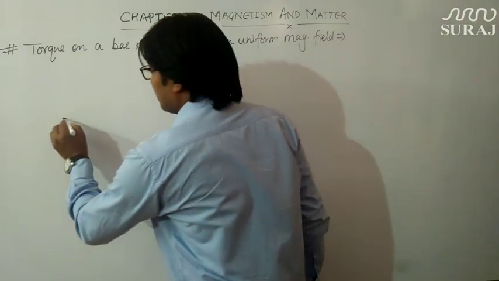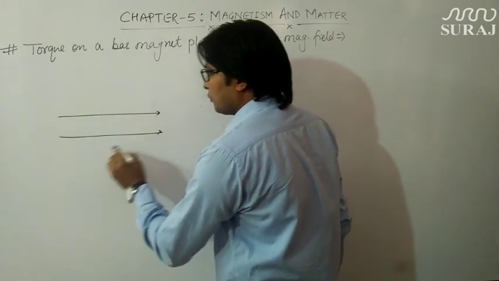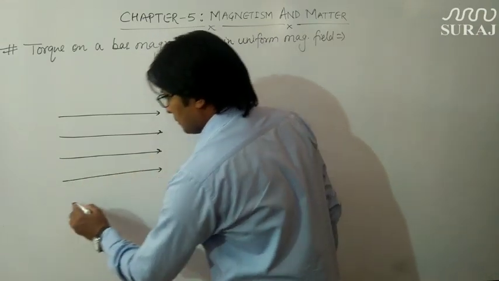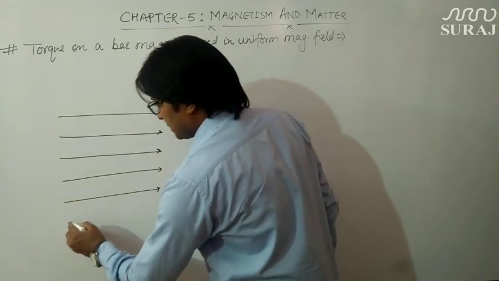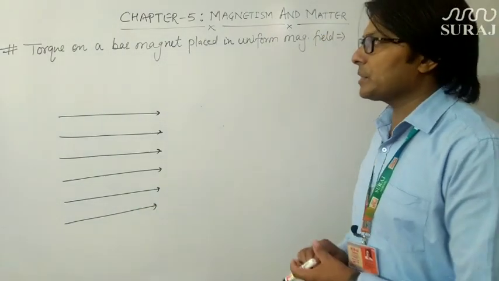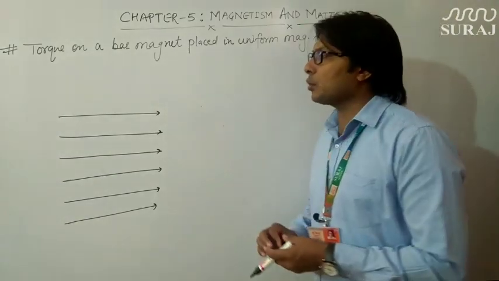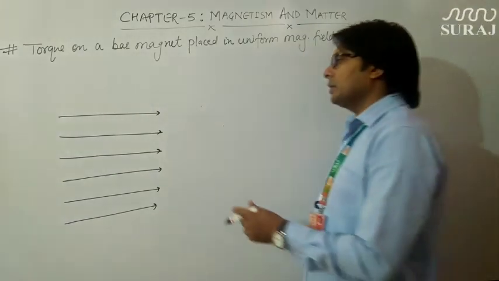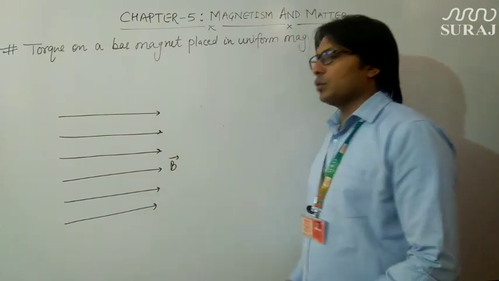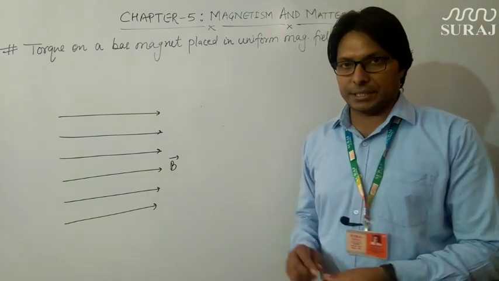So if I represent uniform electric field or uniform magnetic field, we will draw these types of field lines. Here we are talking about the magnetic field, therefore I am representing these lines as B vector. So B vector is the uniform magnetic field in this region.